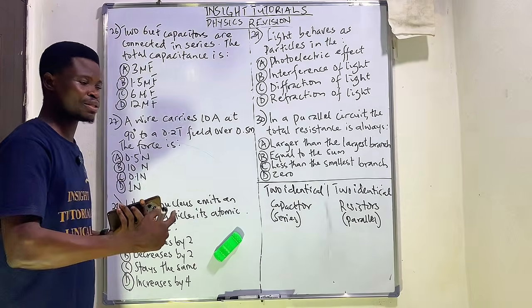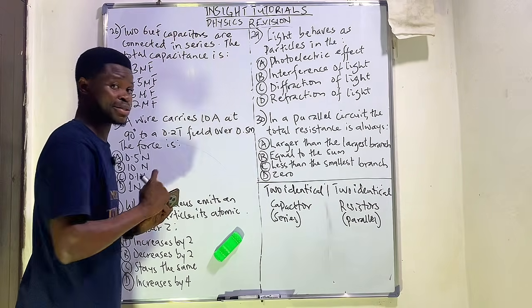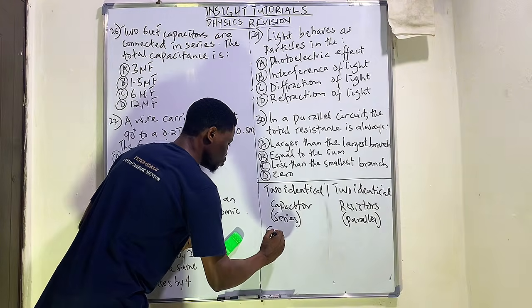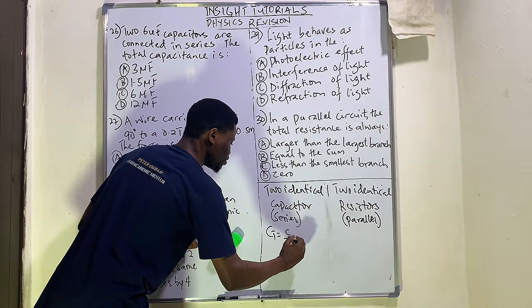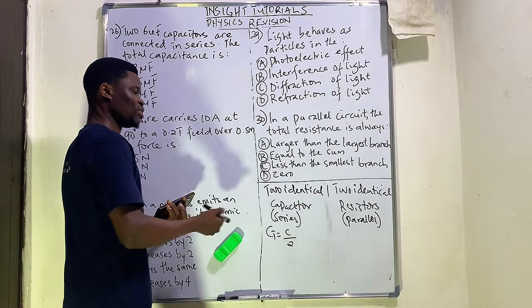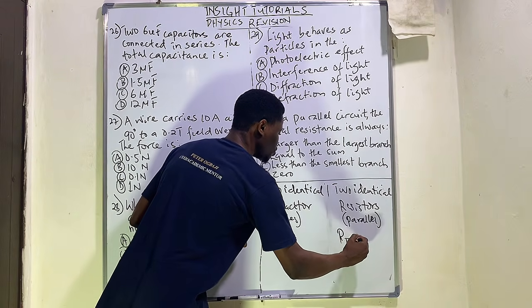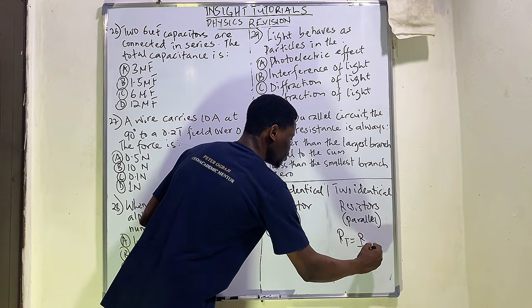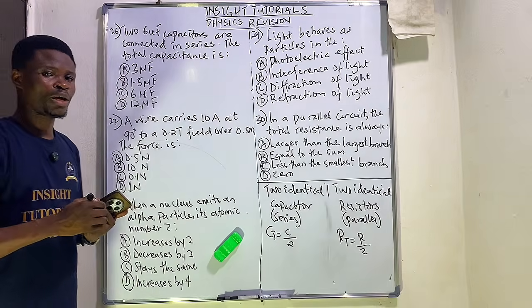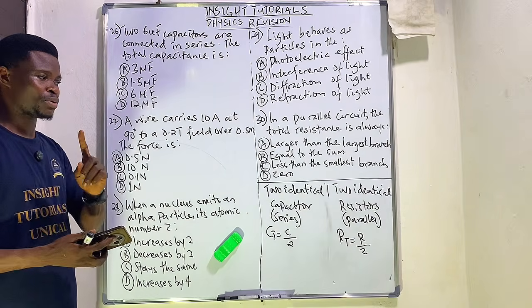When it is two identical capacitors in series, you simply do the total capacitance is going to be the capacitance all over 2. And if it is two identical resistors in parallel, you simply do the total resistance is equal to what? Resistance all over 2. It's the same. But then you need to understand the principles.